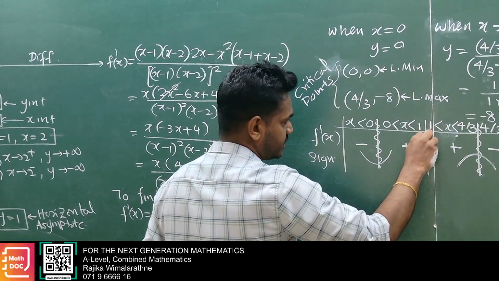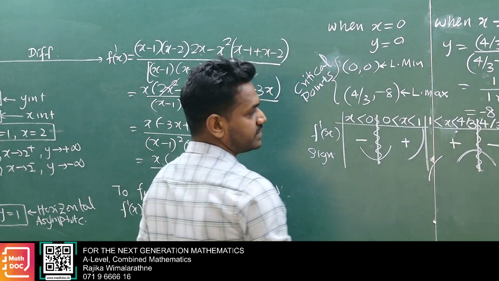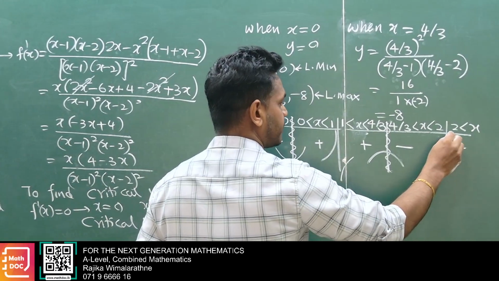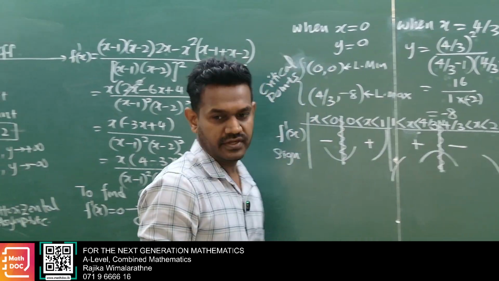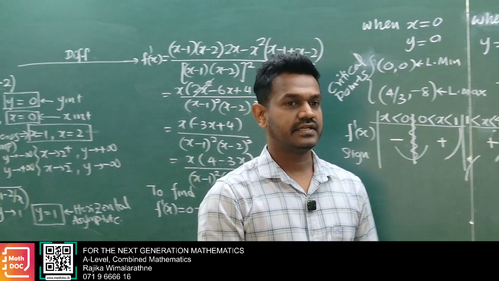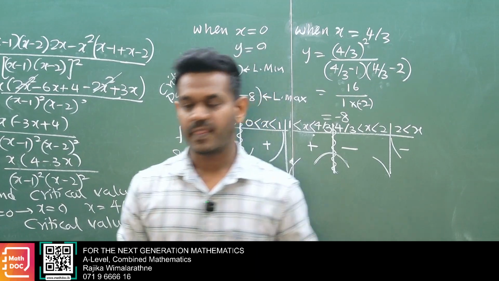Then plus touch, here plus touch, acute angle touch. Here minus touch, obtuse angle touch. Here it is now. Now we know everything. Now we can sketch the graph. Do up to that.